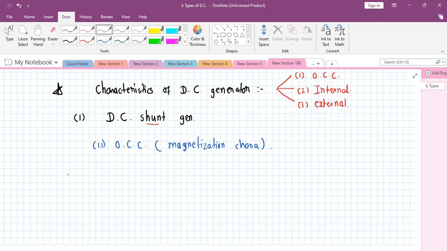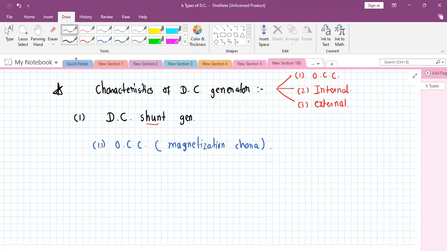What is the first step? Disconnect the armature and field winding. Otherwise, what happens in a DC shunt? Your armature winding and field winding are both in parallel. But now you have to disconnect them, at the time when you are performing open circuit characteristics.